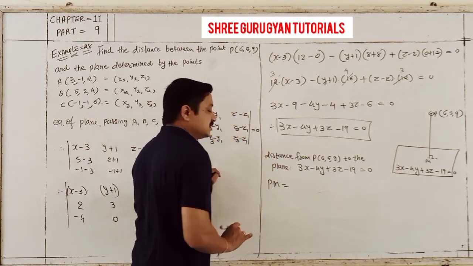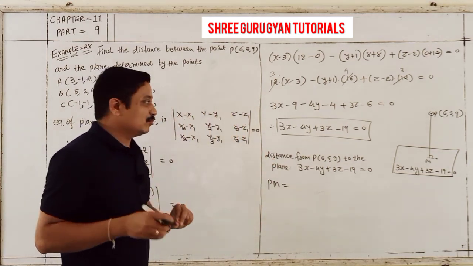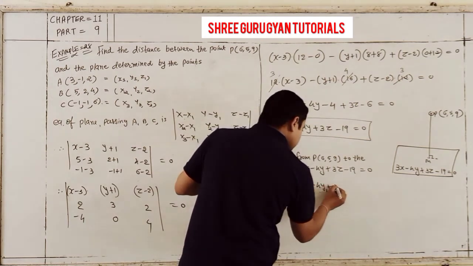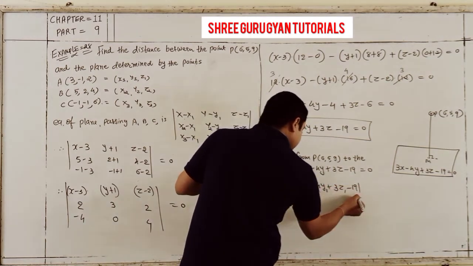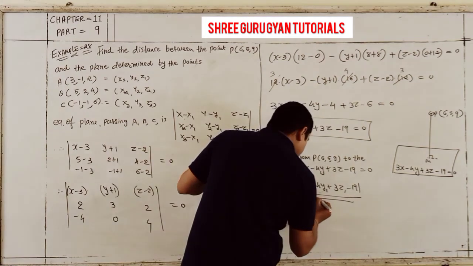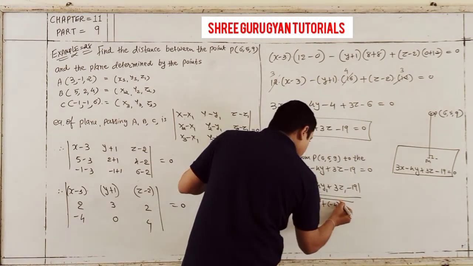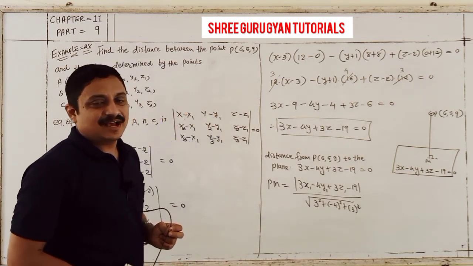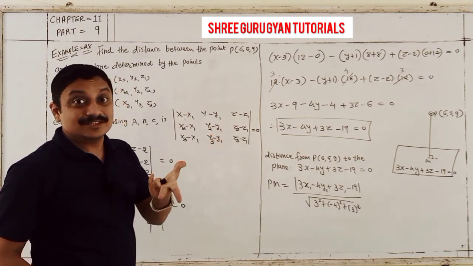Apply the distance formula easily on it. So 3x1 minus 4y1 plus 3z1 minus 19, divided by the square root of 3 squared plus minus 4 squared plus 3 squared. Apply your x1, y1, z1 as 6, 5, 9.